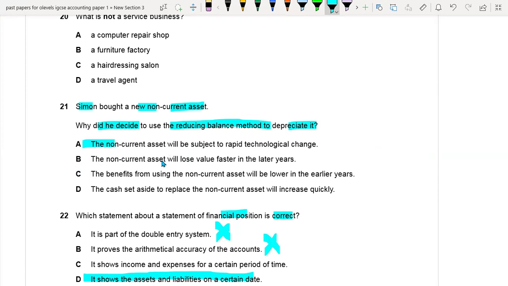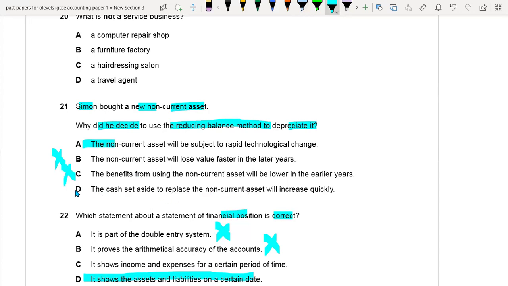B, the non-current asset will lose value faster in the later years. We know that in RBM, in the later years, it will not be losing value faster. So this is not the right option. Benefits from using the non-current asset will be lower in the earlier years. This is not the option. Cash set aside to replace.